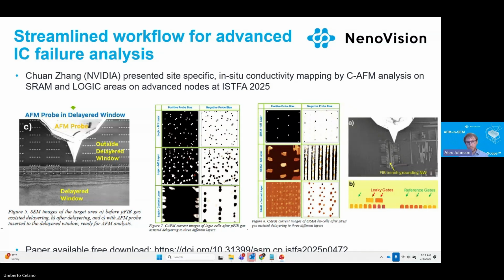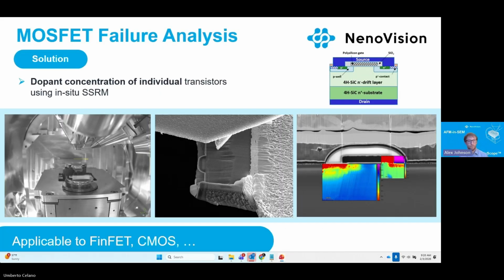It very nicely summed up the benefits of being able to do this. This streamlined setup allows you to eliminate repeated vacuum cycles. And also, as I mentioned before, maintaining pristine sample surface condition is key to ensuring high quality conductive AFM imaging. The paper is also free to download, so there is a link there, and we can also share this after the webinar.